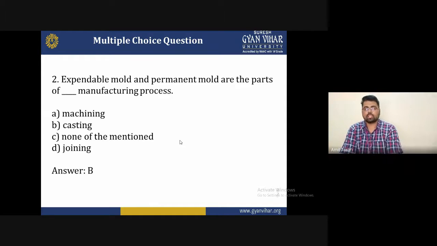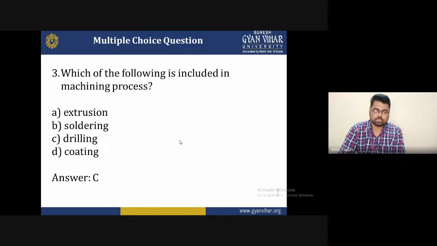We consider that expendable mold or permanent mold are part of the casting manufacturing process, because molds are generally considered in the case of casting, not a part of machining, and not a part of joining.